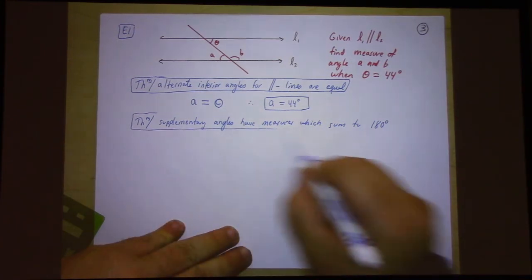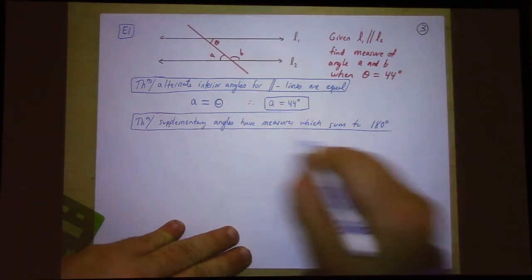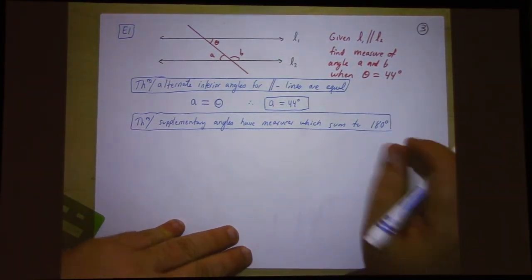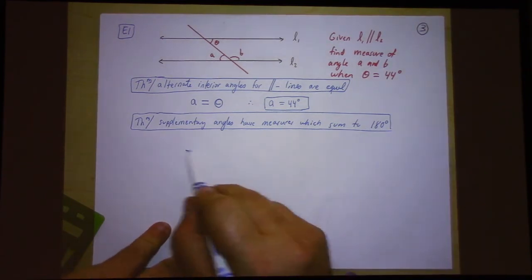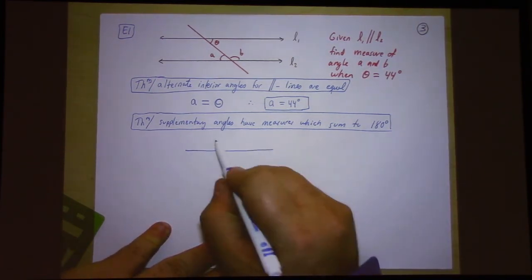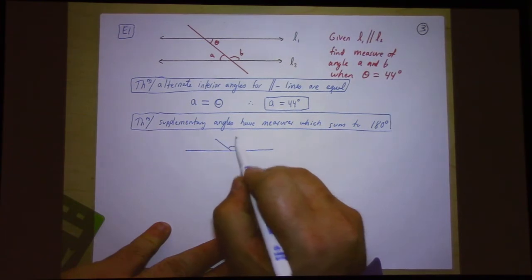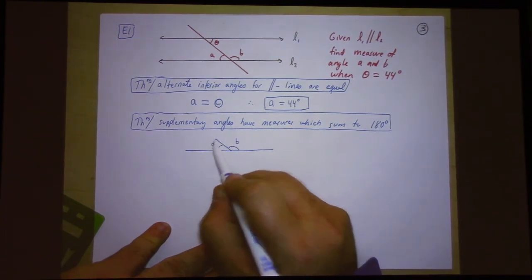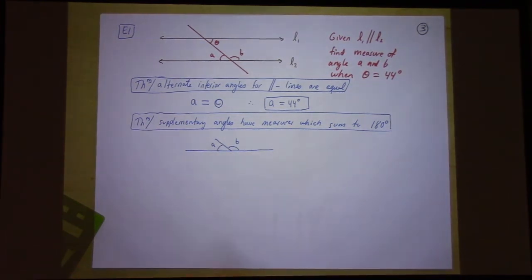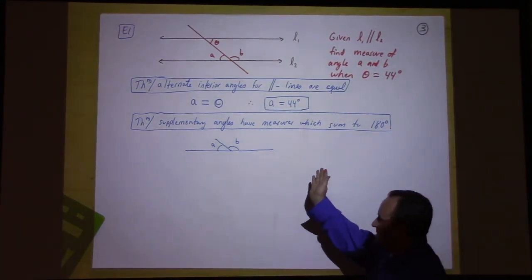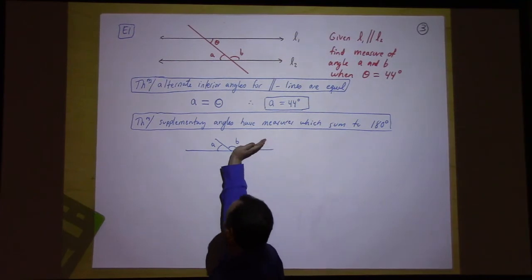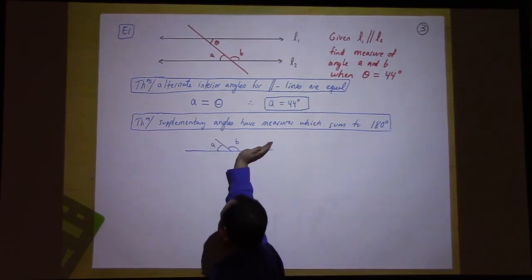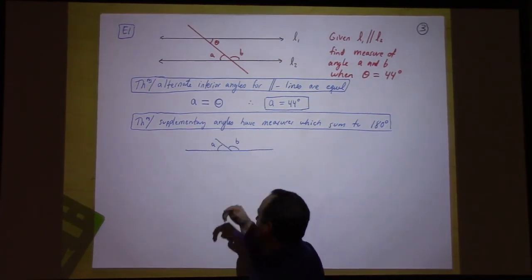So what do I mean by supplementary angles? This A and B are supplementary, in the sense that this is B and this is A. Supplementary angles are angles that together range over a straight line, going from a straight line to a straight line, like in this sense.